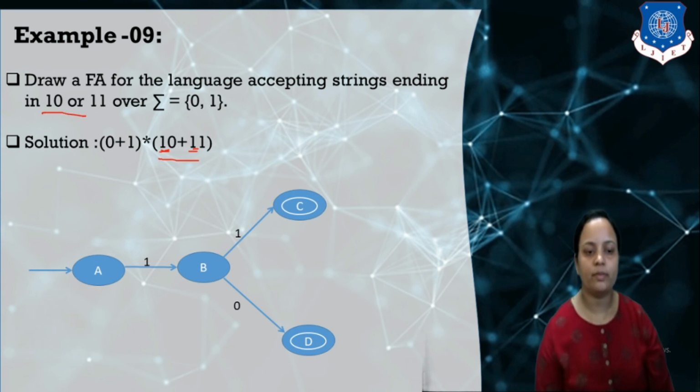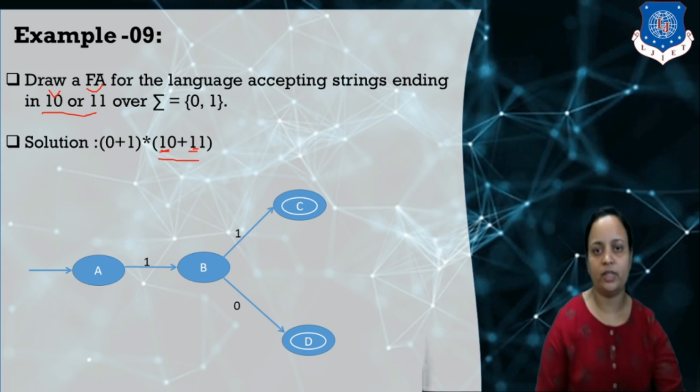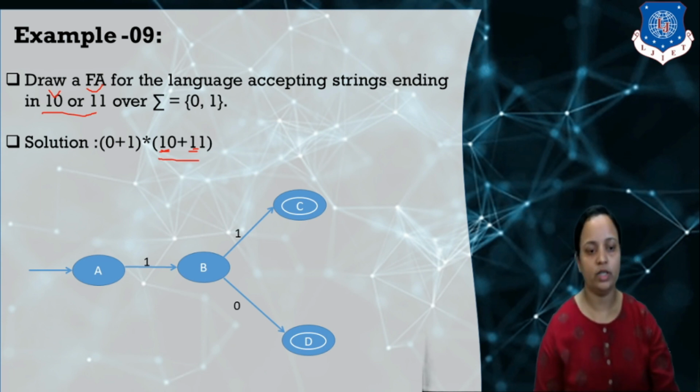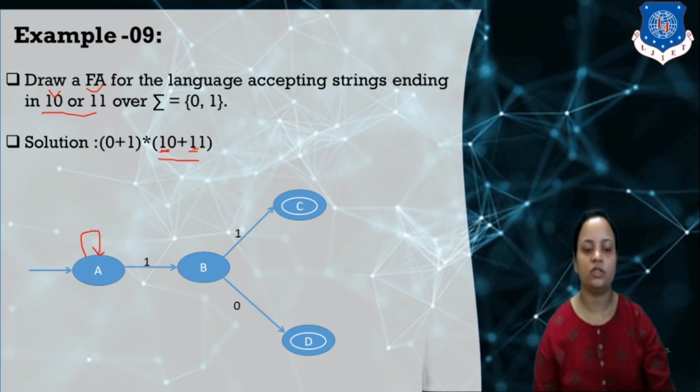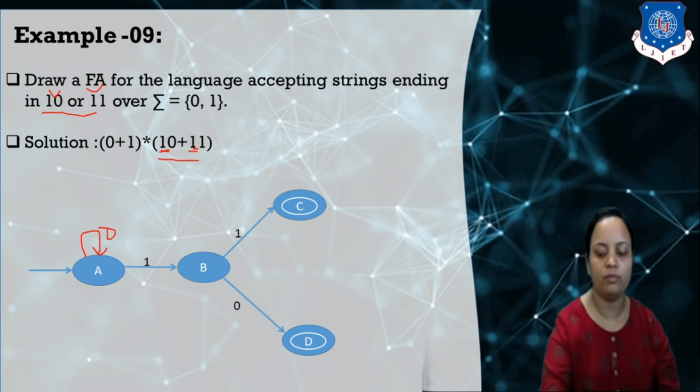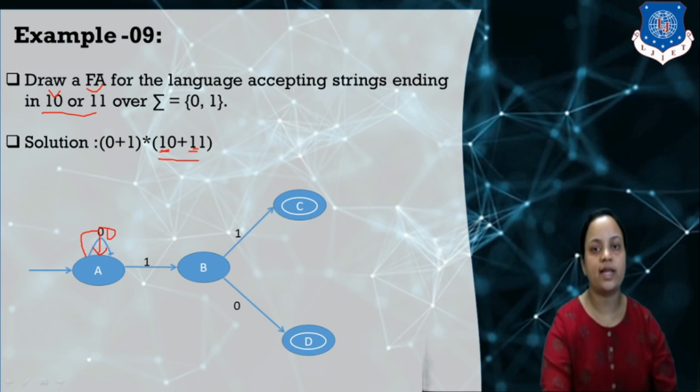For this example, because the first symbol 1 is the same, we can move like this. In the same way we can draw this. Now complete the DFA. The remaining symbol 0 we can draw as a self loop. Now B is completed.